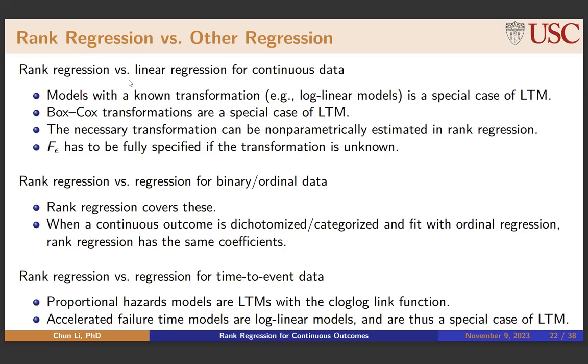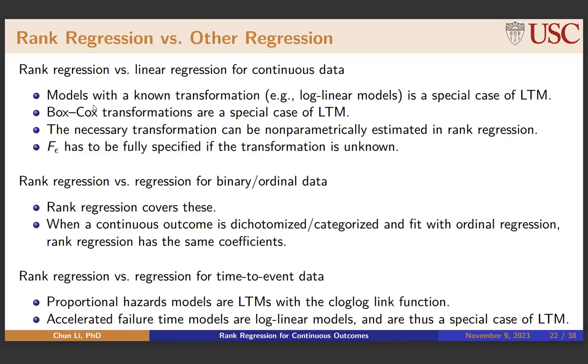Between rank regression and linear regression for continuous outcome, in the models with a known transformation, for example if we fit a log linear model, we basically assume there's a known transformation. It's essentially a special case of rank regression, and Cox transformations are a special case.